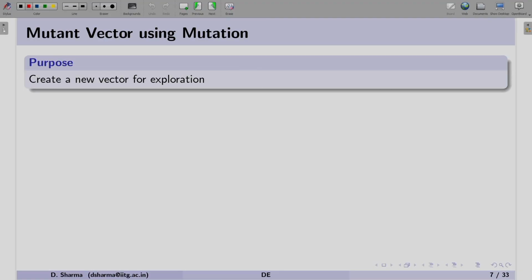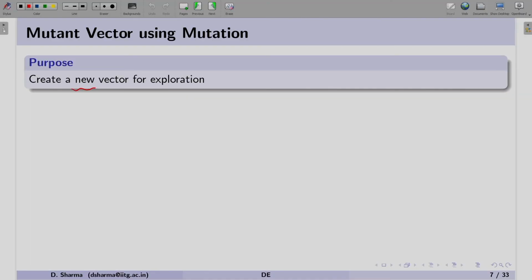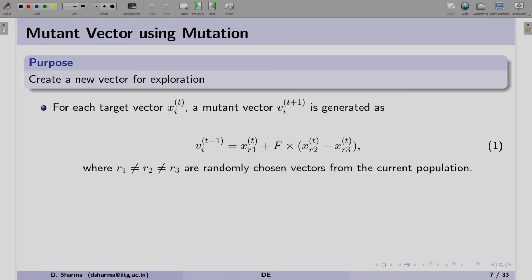So, let us start with the mutant vector. The purpose of the mutant vector is to create a new solution that will be exploring the search space. So, as we can see, we are going to create a new vector for the exploration. Now, for each target vector, we are going to take vectors one by one. So, let us take the ith vector.